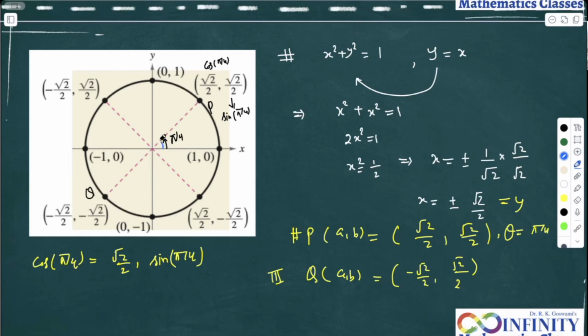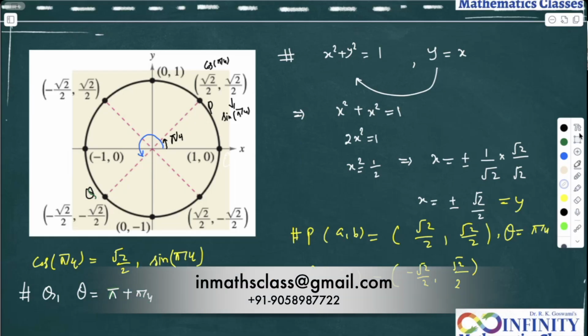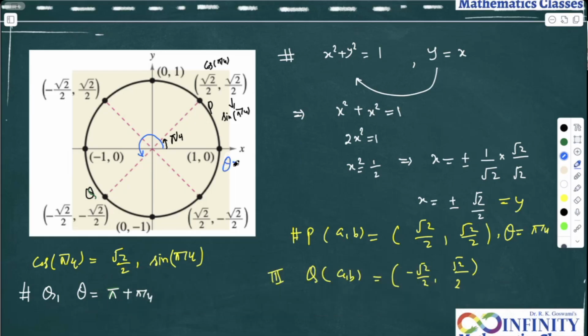What will be this angle? Theta is going to be, see, one straight line is pi, so it is pi plus pi by 4. Am I right? When you started the angles, theta was 0 there.